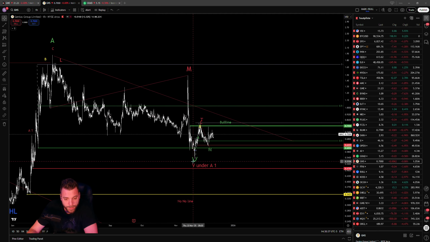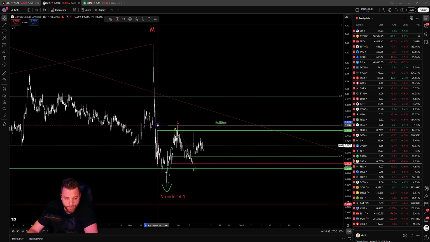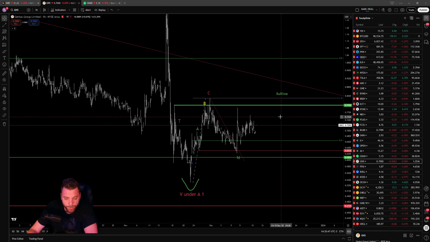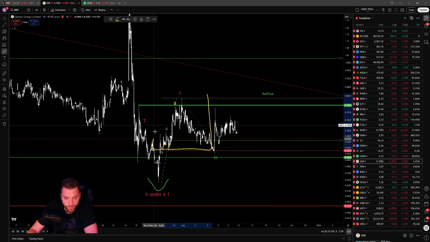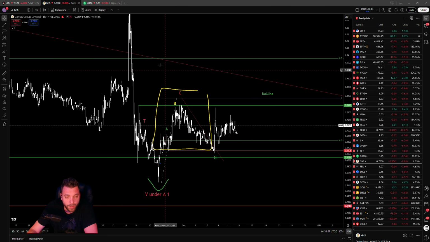The A pullback is finished with this. V under A, perfect. And we are in our higher low right now. So A, B, C, V under A. This whole thing would be the higher low. And we are still waiting for the breakout.